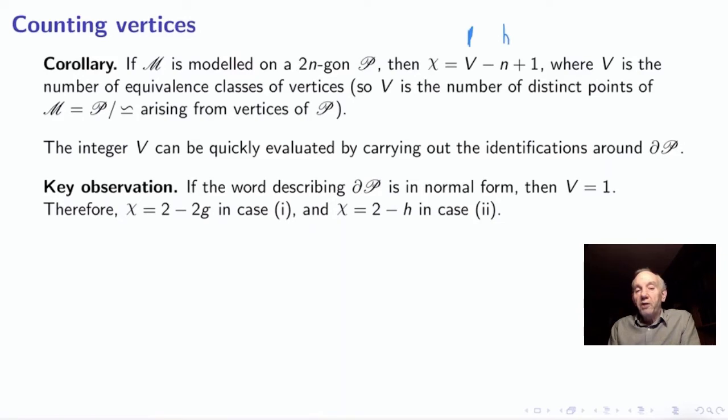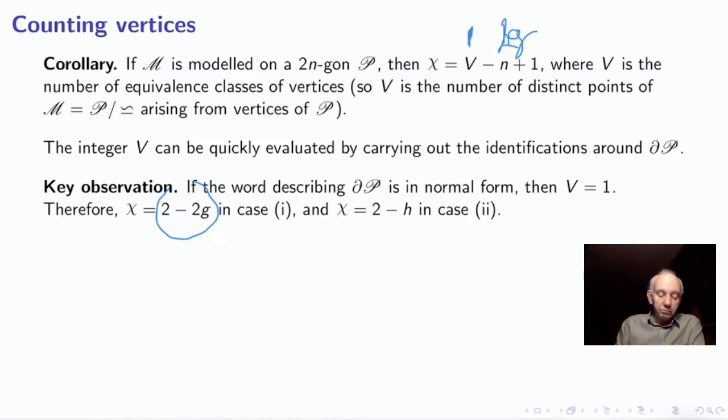So the Euler characteristic would be 2 minus h. On the other hand, when we have the normal form with these groups of a b a inverse b inverse, each group is 4 letters. So altogether we have 4g letters, but they're identified in pairs, so in that case n would be 2g. So the Euler characteristic would be 2 minus 2g, a very famous relationship. The Euler characteristic is 2 minus 2g. Always remember that for oriented surfaces.